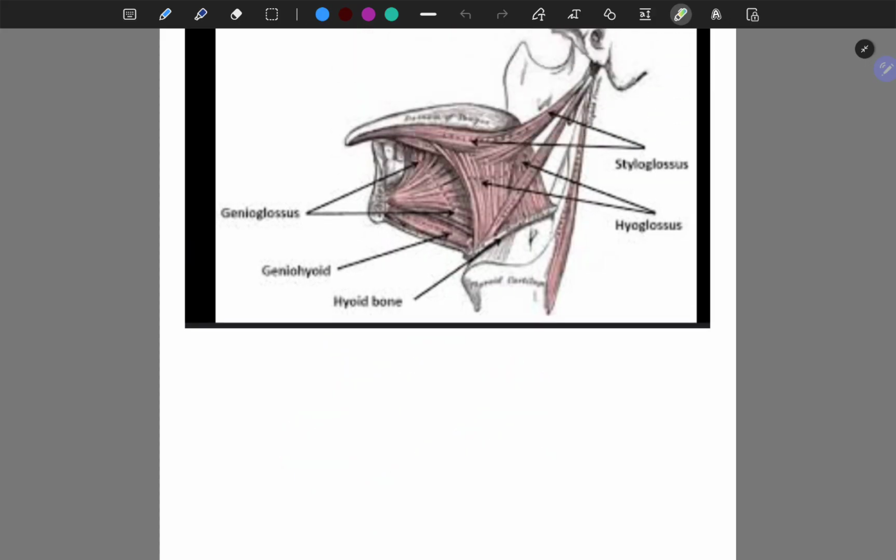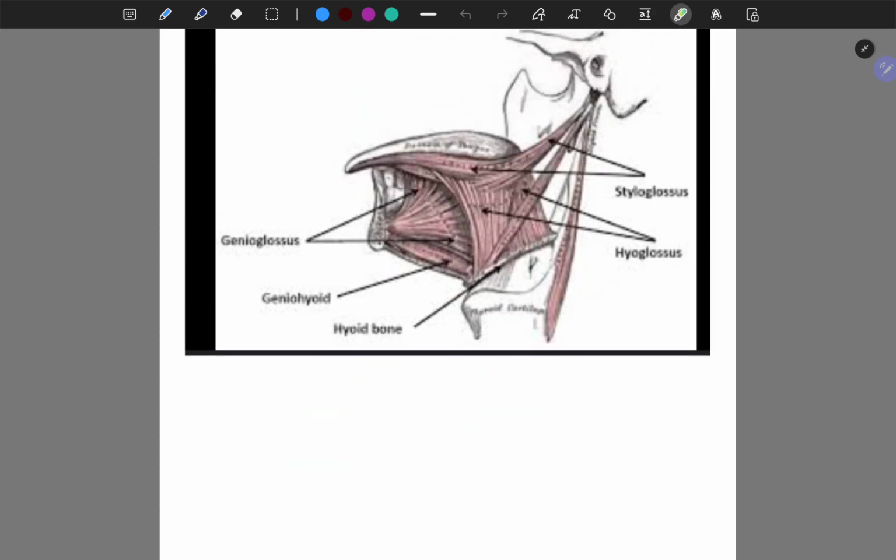So the one point I want you to remember here is: genioglossus is from the genial tubercle, that is, from the chin to the tongue. Hyoglossus is from the hyoid bone to the tongue. Styloglossus is from the styloid process to the tongue, and palatoglossus from the palate to the tongue.